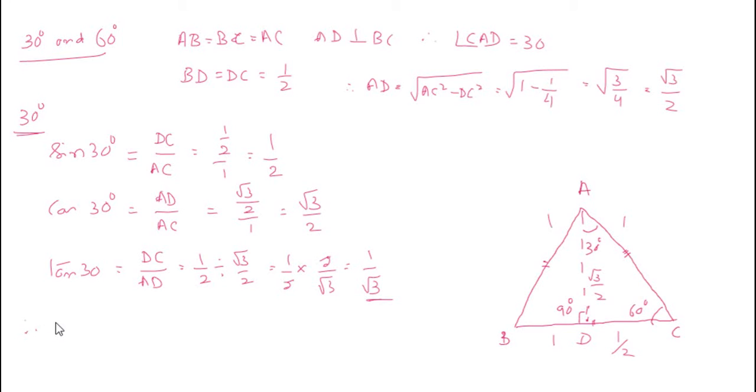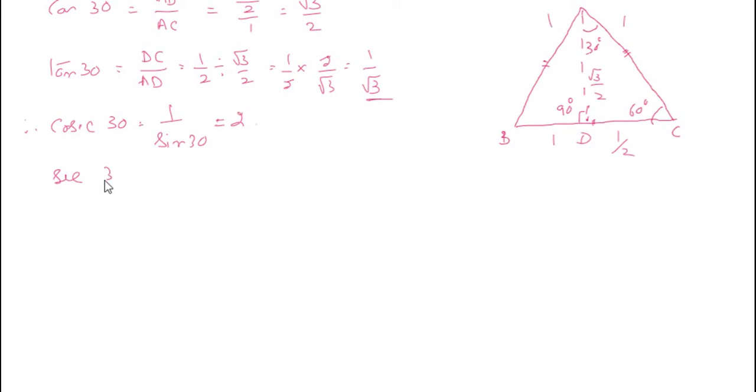Therefore cosec 30 is equal to 1 by sine 30 is equal to 1 by half, that is 2. Secant 30 is 1 by cos 30, that is equal to 1 by root 3 by 2.